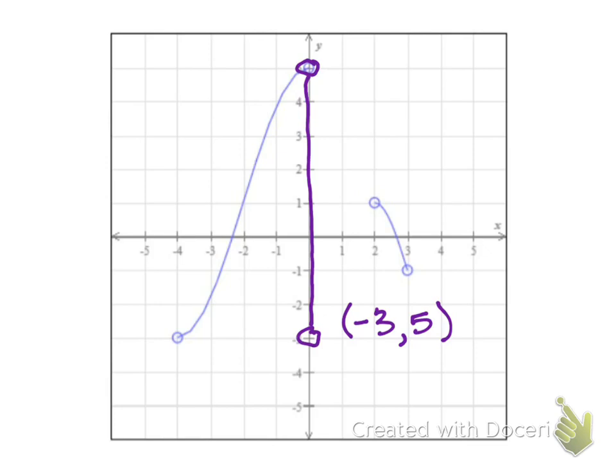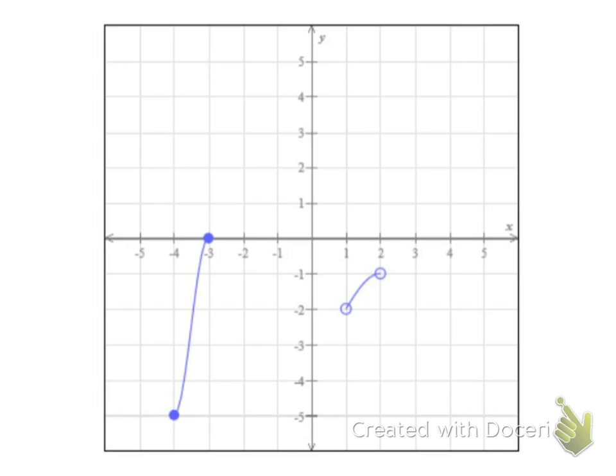Let's look at the next one. We'll start with domain, and again, domain is x values, so we're just going to look at the x-axis. We'll take this up, and it's a closed circle at -4, and we have a closed circle at -3, and the whole line in between.